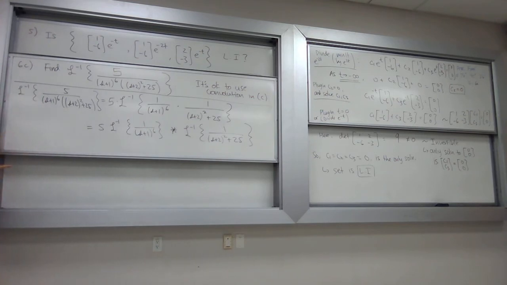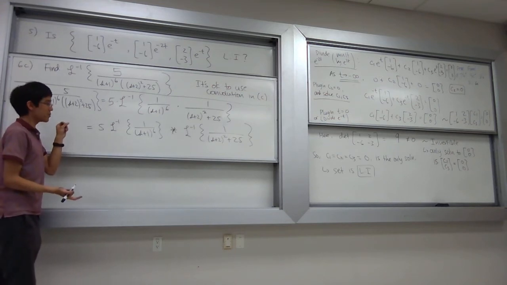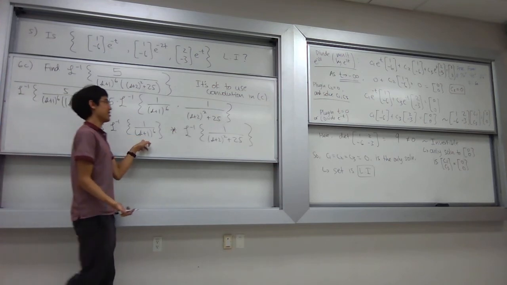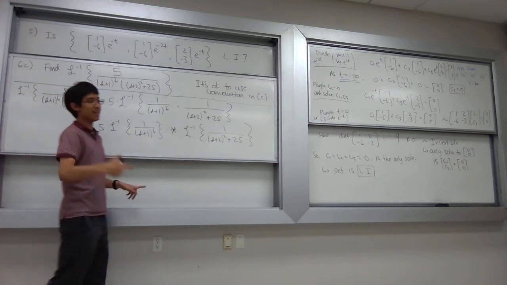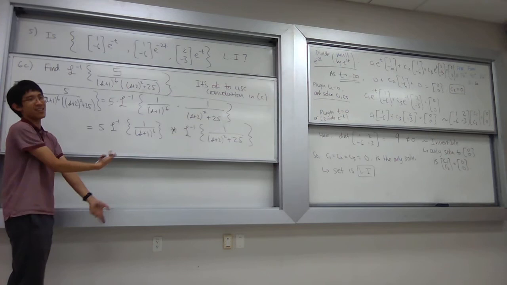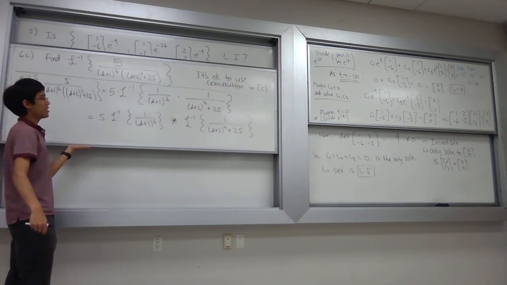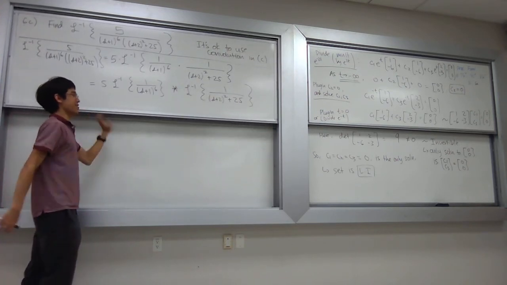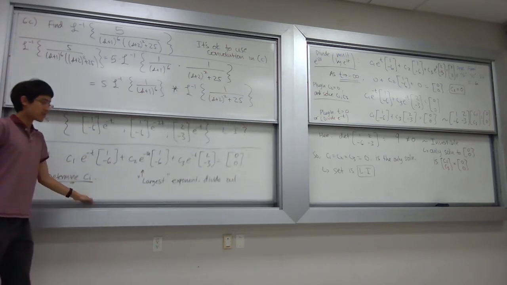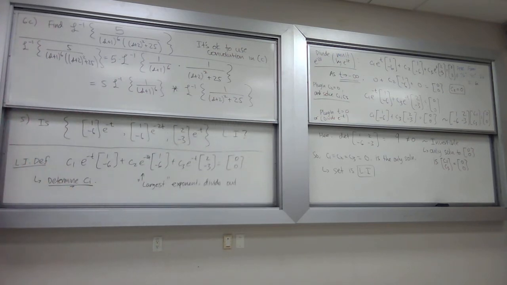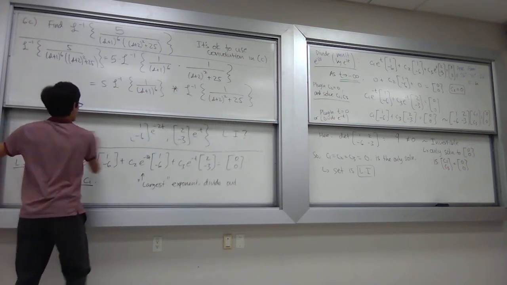That's how you want to interpret it before you jump into doing any inverse transforms. So what you really need is this one first, and that one second, find those independently, and then take a convolution. It's kind of like you're micromanaging your problem. Let's do that in order.